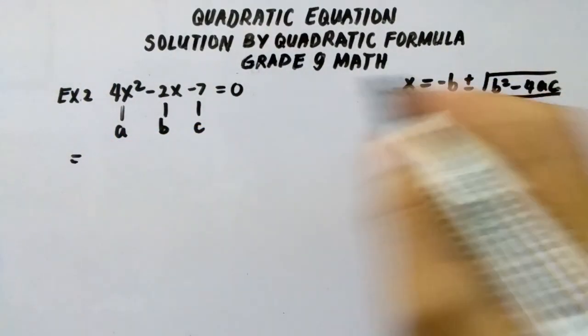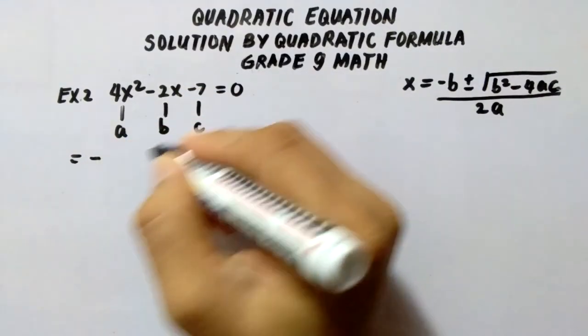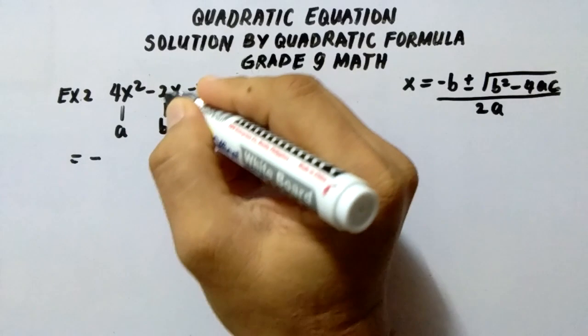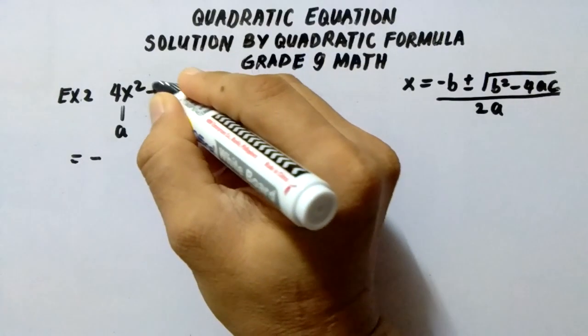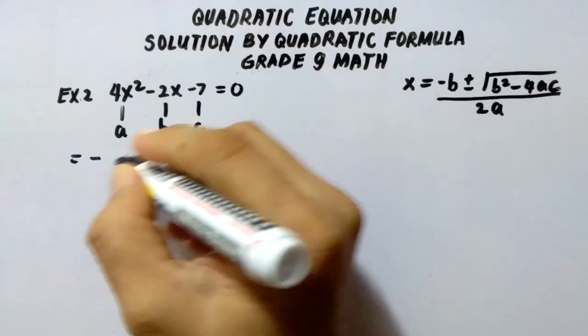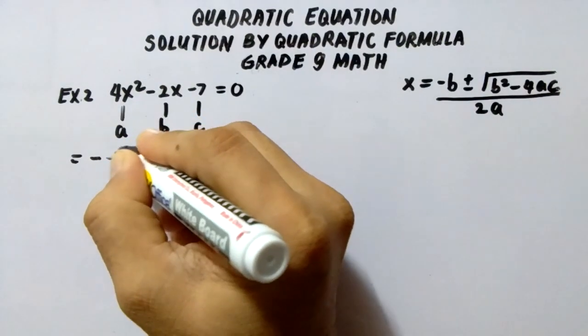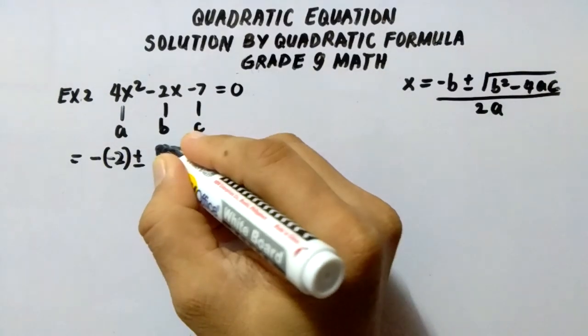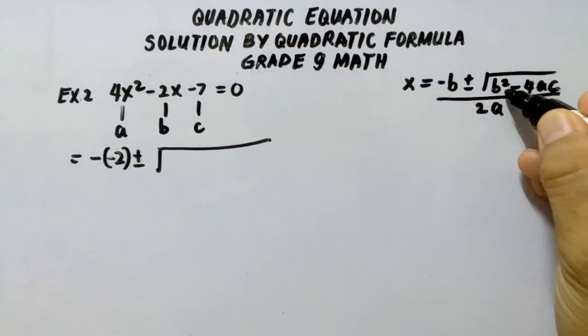Equals. So, negative B. So, we have negative 2. Okay, so, sasama po natin yung sign na negative. So, we have negative 2, value of B. Then, positive, negative. Then, square root of B squared.